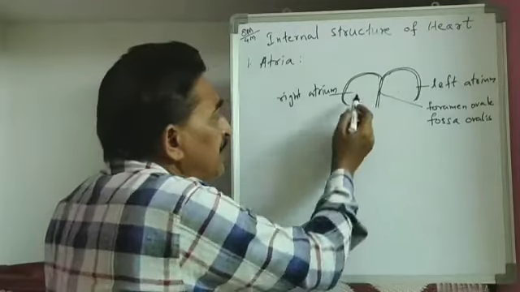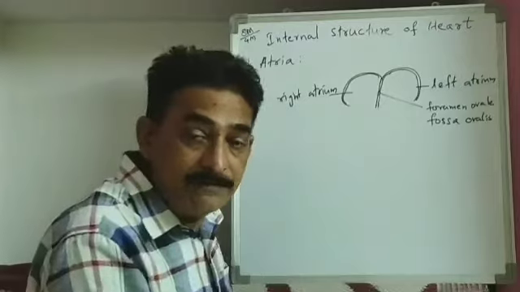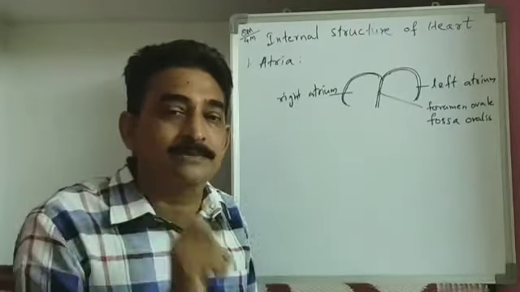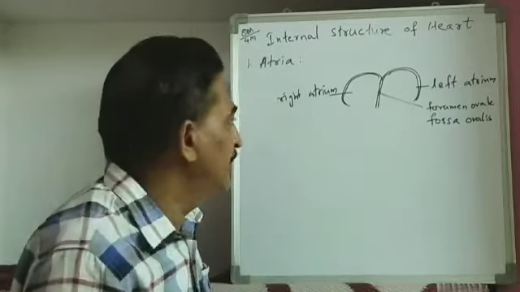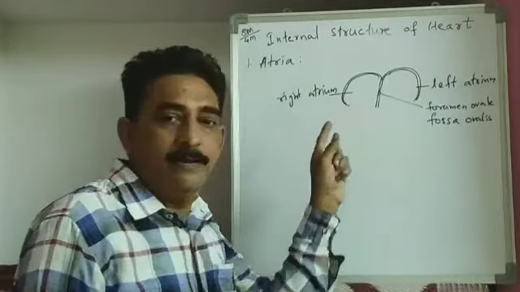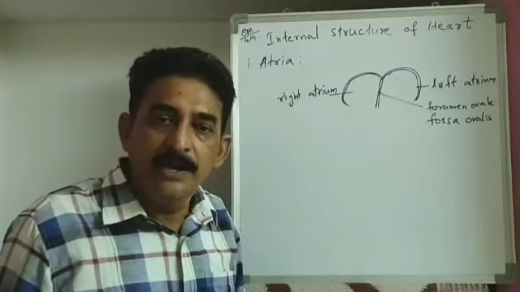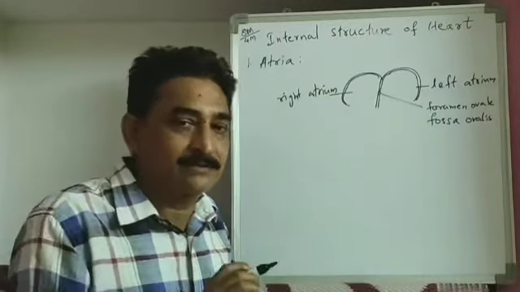Okay, right atrium receives blood from all the parts of body except lungs. I repeat once again: right atrium receives blood from all the parts of our body except from lungs.